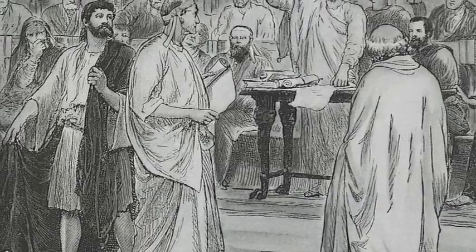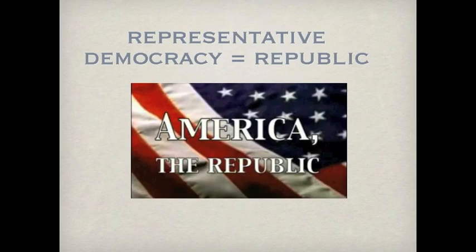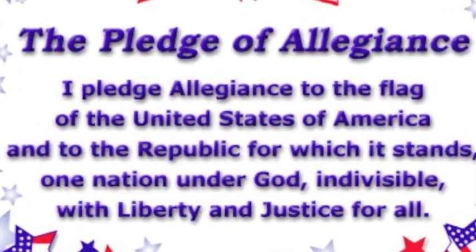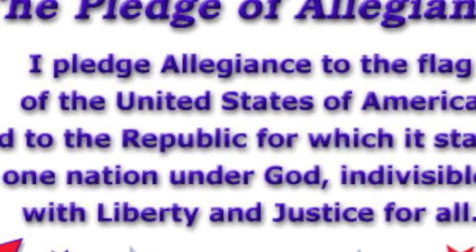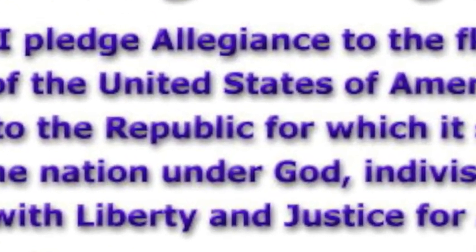Our founding fathers then borrowed this idea in creating the government we have today, a republic, which is essentially the same thing as a representative democracy. In fact, every time you say the Pledge of Allegiance, you're actually referring to the type of government we have, a republic.